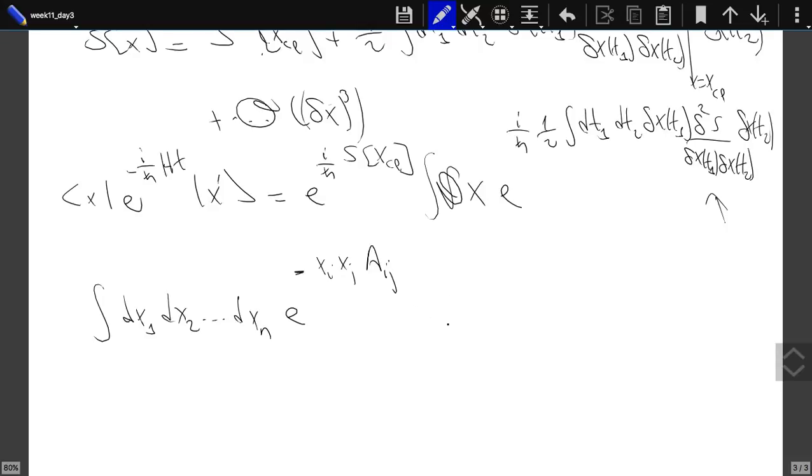This will be equal to, now we will just show it, the square root of pi over the determinant of A, whatever that matrix A is. Sorry, pi to the n. Now pi to the n over 2 divided by the square root of the determinant of A.